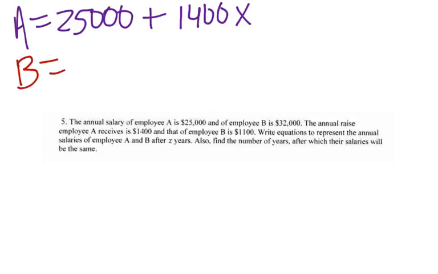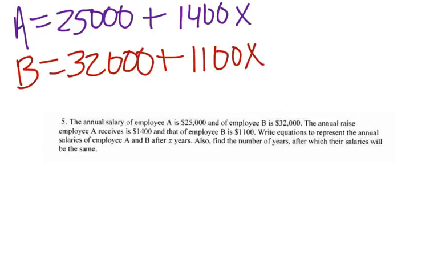Employee B originally makes $32,000 plus every year $1,100 raise. So those are your two equations. Now, if you want to know when they are the same, we know the same means equal. So you take your two equations, you set them equal, and you solve.